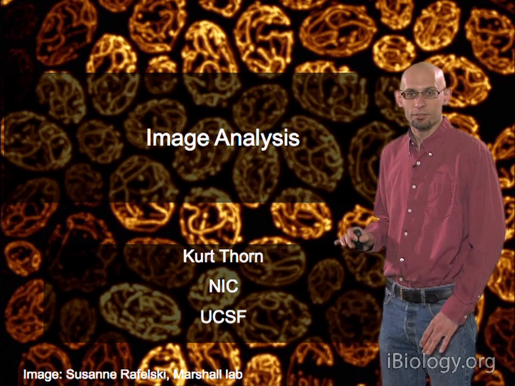The net effect of this, like erosion followed by dilation, is essentially a smoothing of this image. We've removed these pointy little small structures that stick out and are left with just a smooth representation of it. So erosion followed by dilation is a very common way of smoothing boundaries in binary images.